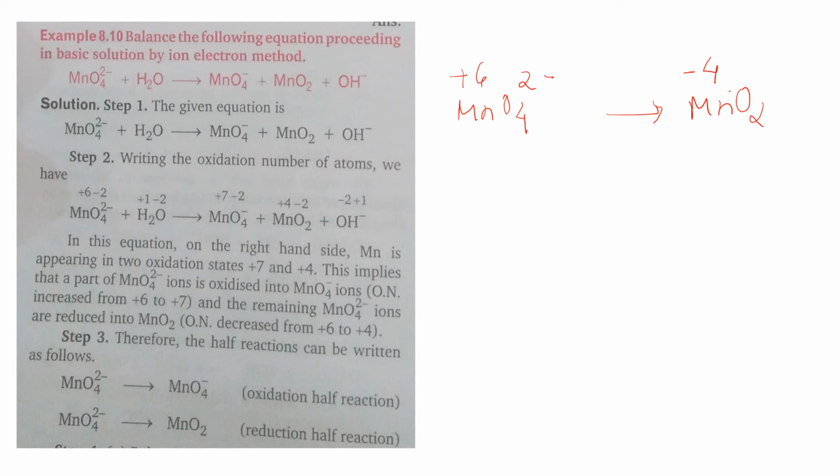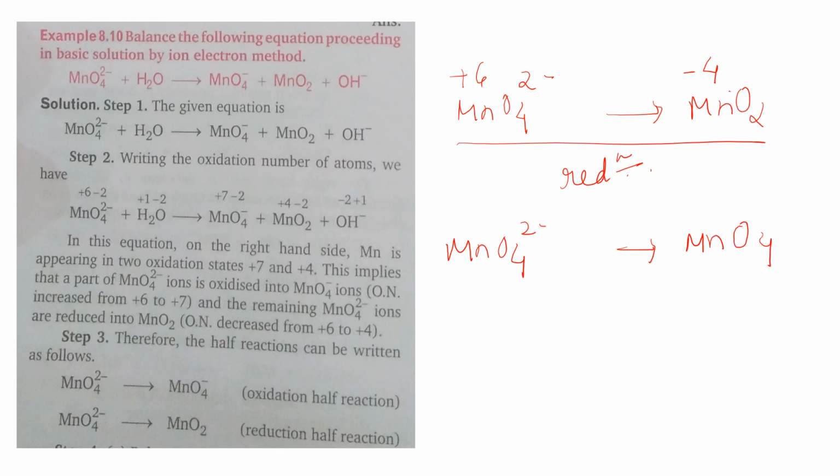It is undergoing reduction. Okay, reduction half reaction. So this is your reduction half reaction. Now you can see that once again MnO4 2 minus is going to MnO4 minus.